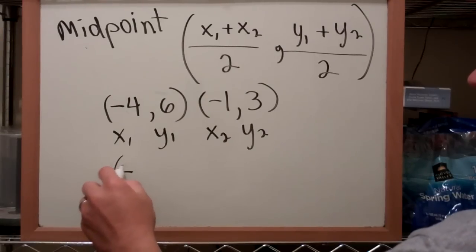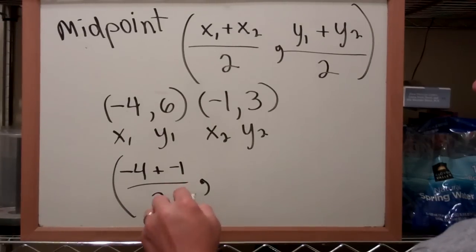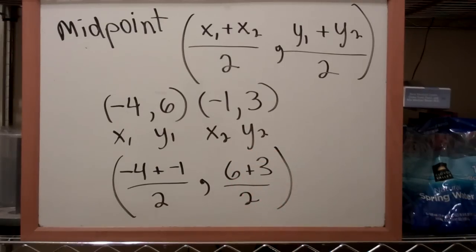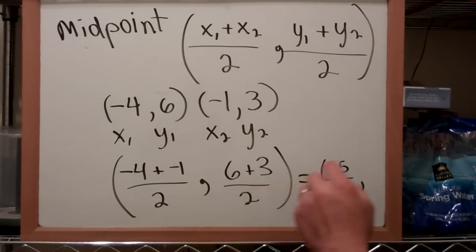So plugging it in, we have (-4 plus -1) over 2, comma, (6 plus 3) over 2. Here this would give us -5 over 2, and this would give us 9 over 2.